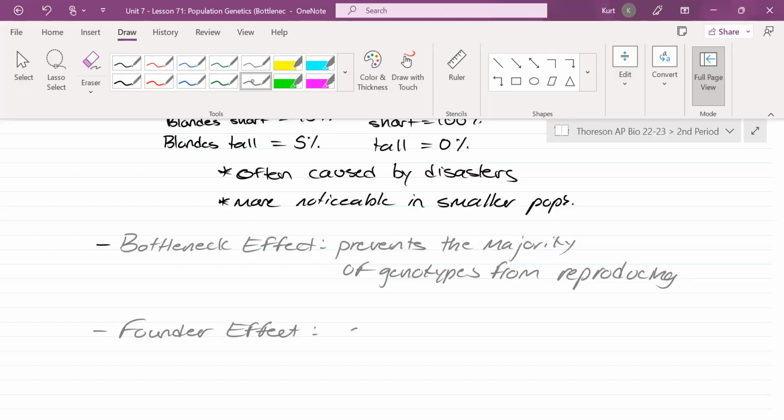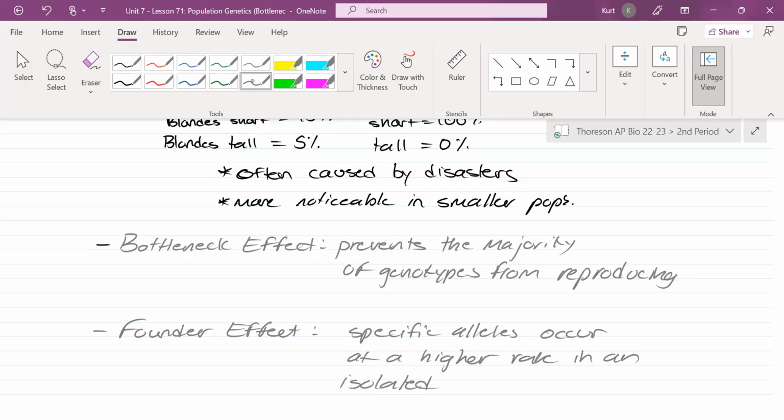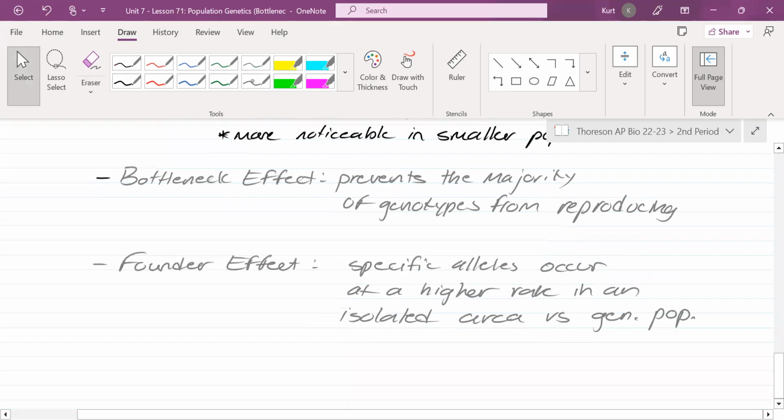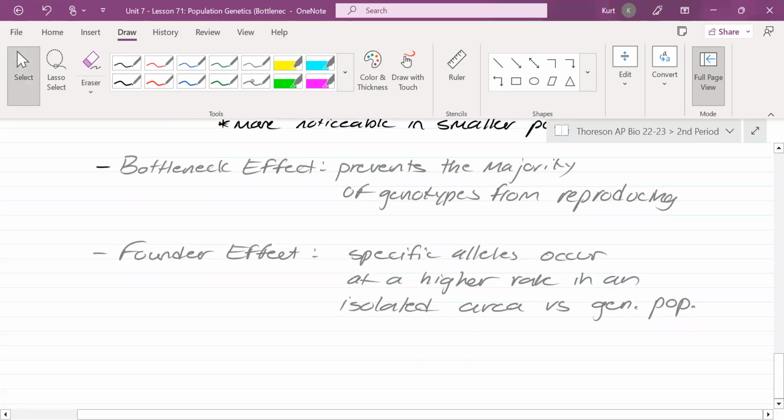The founder effect is where specific alleles occur at a higher rate in an isolated area versus the general population. If any of you have ever been out on a boat in Tampa Bay, there's a man-made island in Tampa Bay called Beer Can Island.